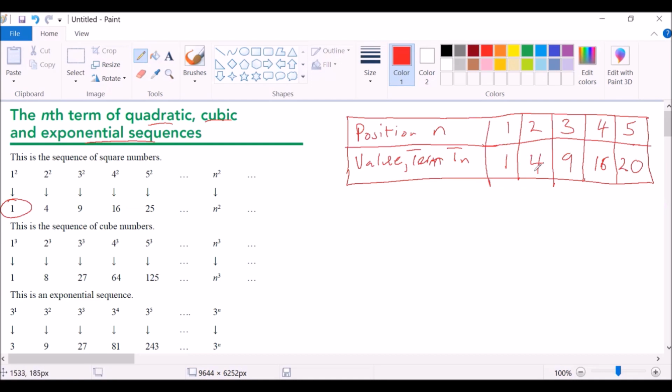But what we can see here is these numbers are perfect squares. 1 is 1 squared. 4 is 2 squared. 9 is 3 squared. 16 is 4 squared. 25 is 5 squared.